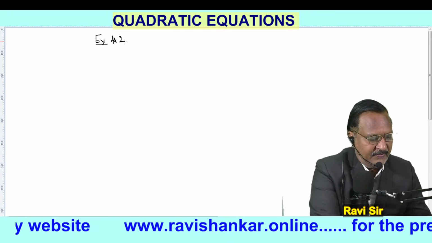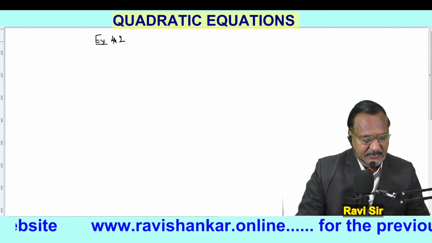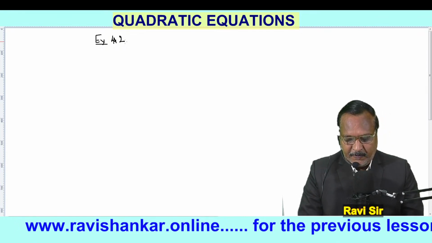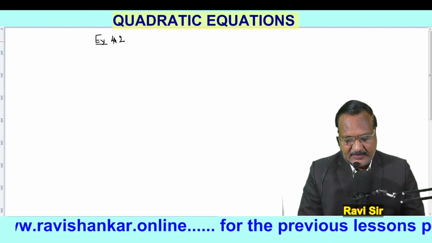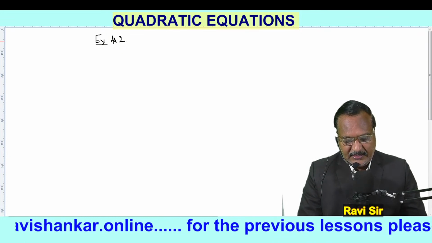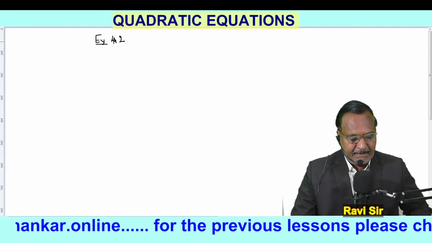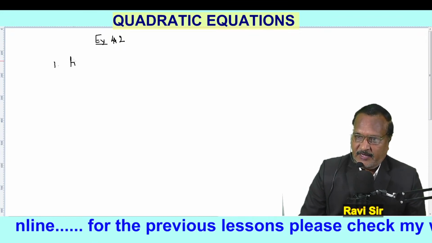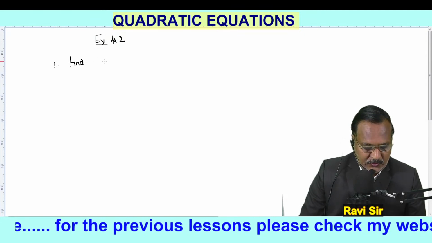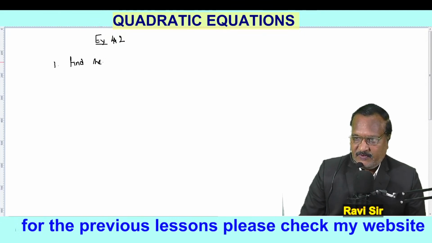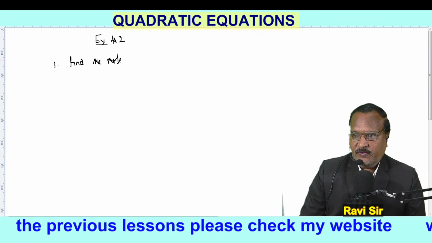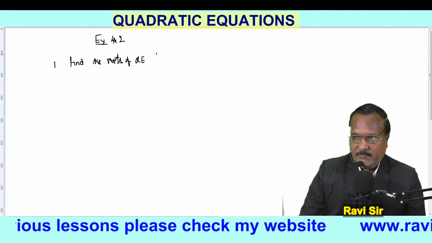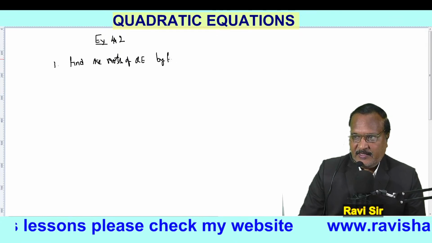If you have the NCERT textbook, the CBSE textbook, you can open it. Otherwise, no problem, I will explain what is there in the exercise. The first question is like this: find the roots of the quadratic equations by factorization method.